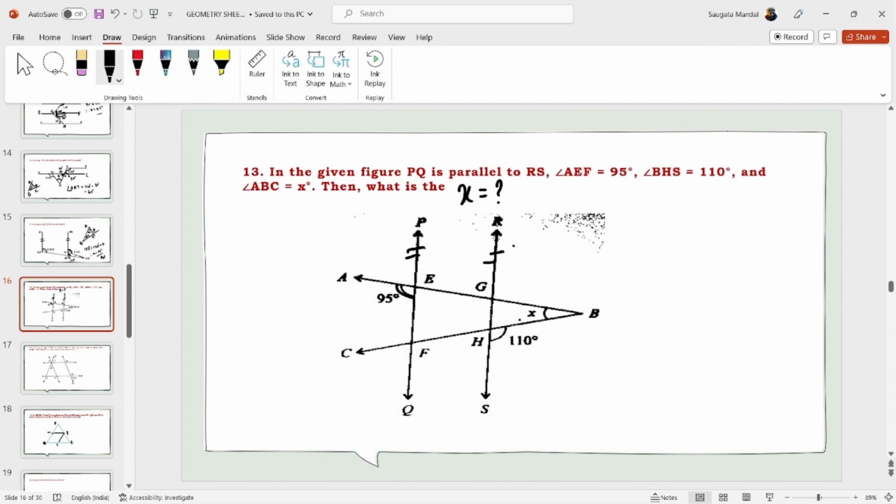We can easily find the value of x by using the concept of corresponding angles and alternate angles. How is it possible? Please see the explanation.